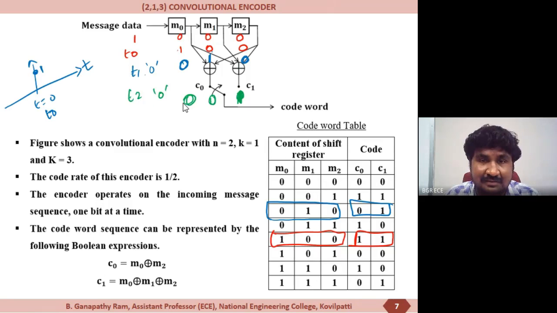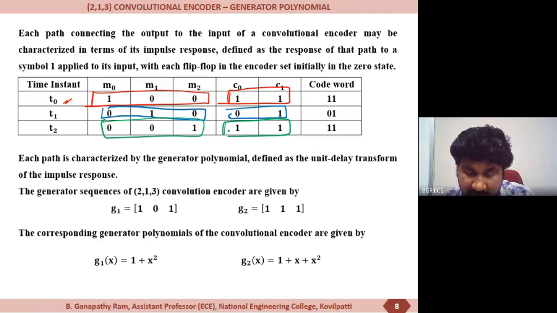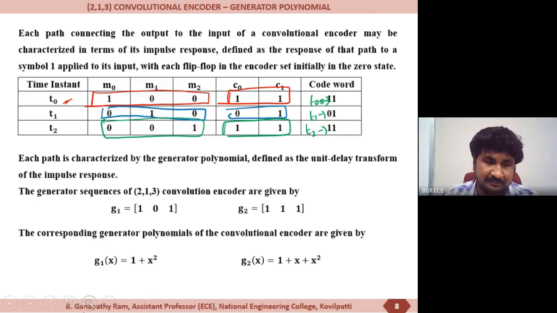So the content at time t2 is 0 0 1, and the corresponding output is 1 1. In this way, the table has been framed, and the corresponding code word at time t0 is 1 1, at time t1 is 0 1, and at time t2 is 1 1.